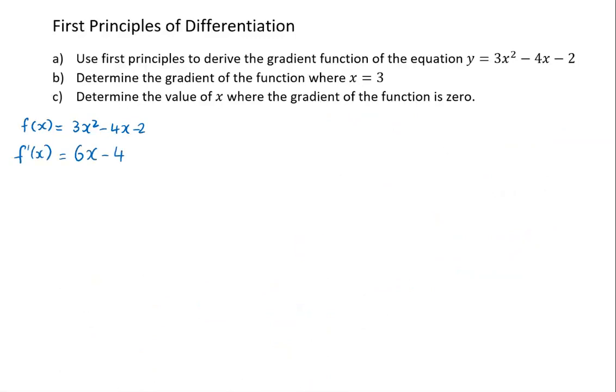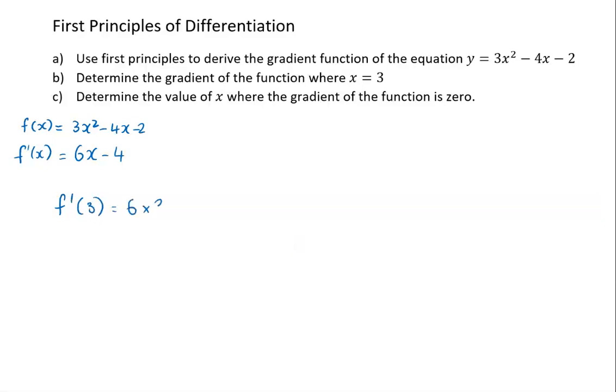So part B is asking us to determine the gradient of the function where x equals 3. What that's asking us to do is to evaluate our gradient function, because we know that this function will give us the gradient at any x value. Instead of evaluating it at x, we want to do it at the value of 3, f dash of 3, which means everywhere there's an x in our derivative function, we want to substitute in 3.